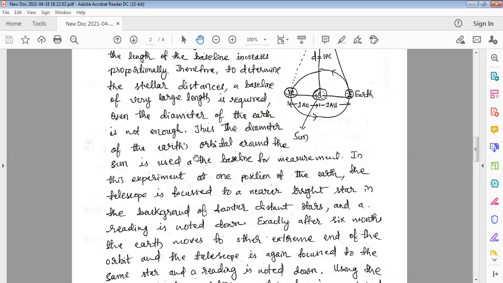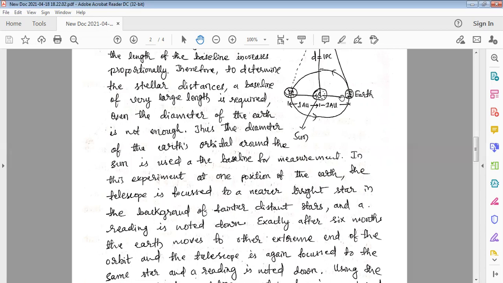Thus, the diameter of the Earth's orbit around the Sun is used as the baseline for measurement. So, as the diameter of the Earth is not enough, now we can choose the diameter of the orbit along which the earth is rotating around the sun, so that we can make use of it.